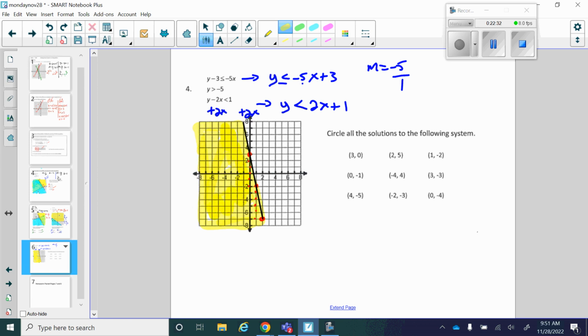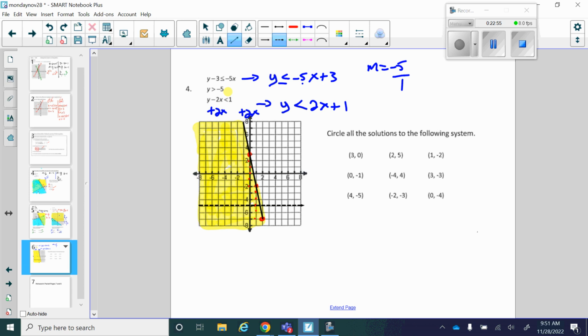All right. So the first line is done. Now y is greater than -5. So remember now, this is just a line through the y-axis at -5. And it's a greater than, so I'm going to use a dashed line. So this line, -5, is right here.